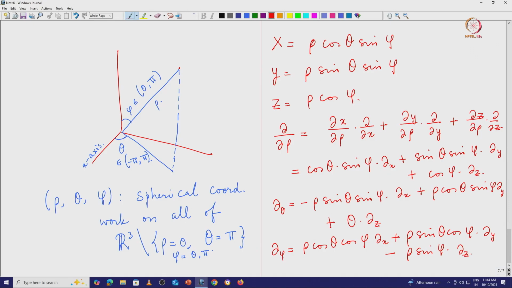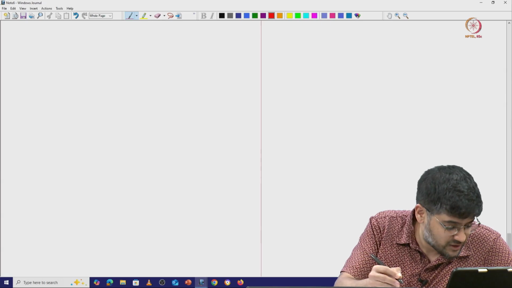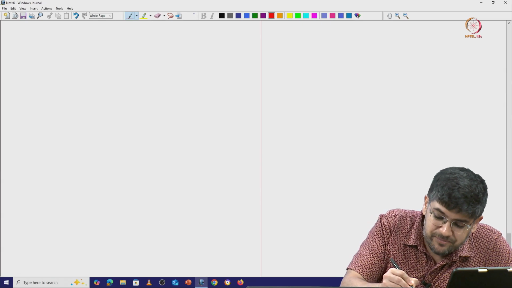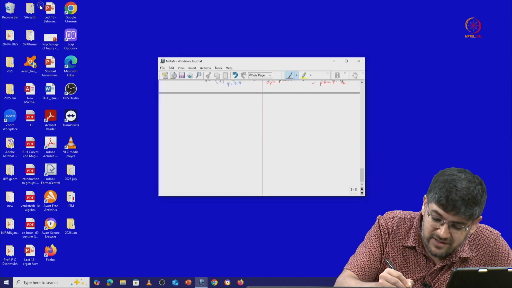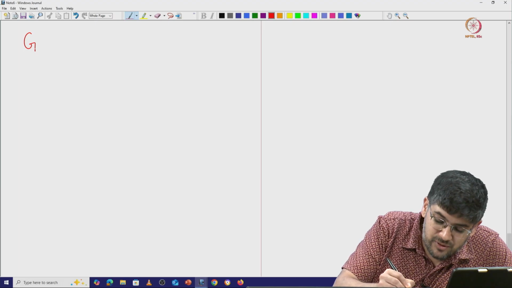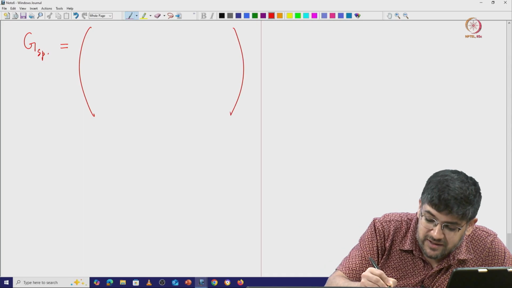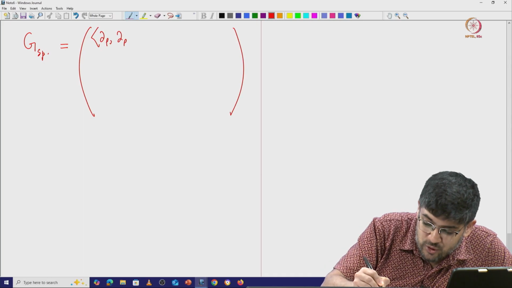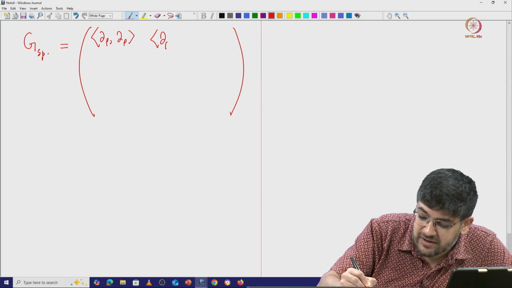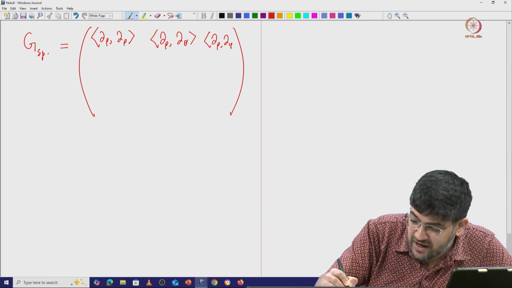So now, to write down the metric in terms of these spherical coordinates, you basically need to calculate these things. So your matrix G for the spherical coordinates will basically be something like this: the inner products of del rho with del rho, del rho with del theta, del rho with del phi, and so on.